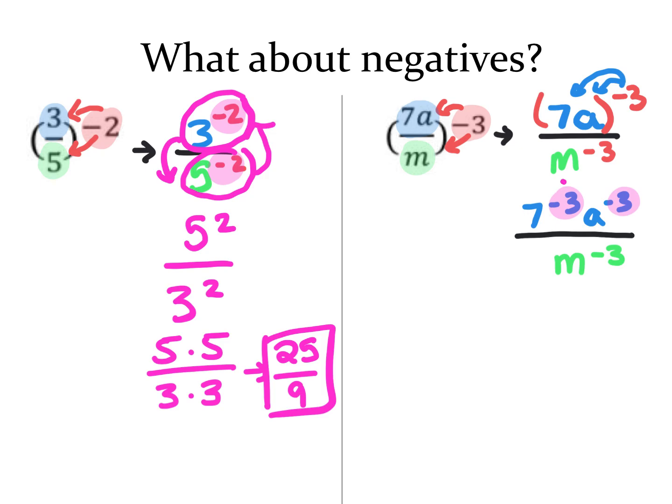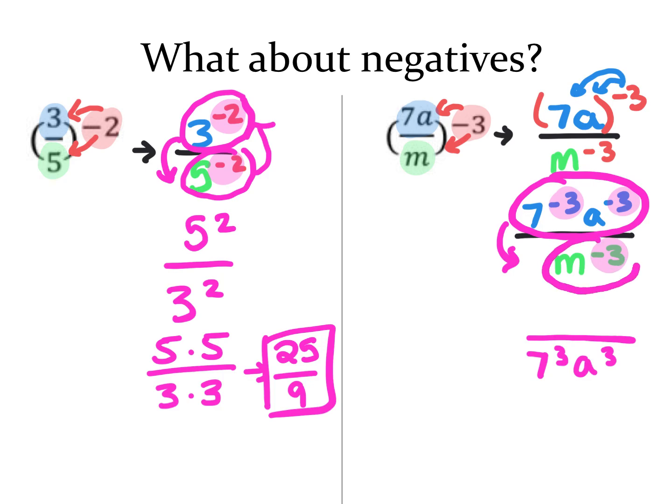So I'm going to take the whole thing and bring it to the denominator. So I have 1 over 7 to the 3rd, a to the 3rd. And in the denominator, I have an m to the negative 3, so I'm going to bring this whole term up to the numerator. So it's m to the 3rd power.